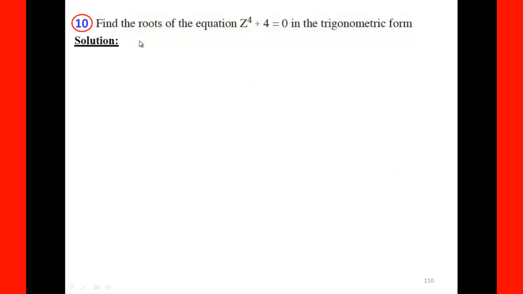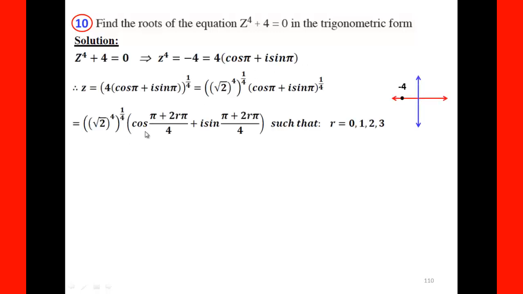Question 10. Find the roots of the equation z power 4 plus 4 equals 0 in the trigonometric form. How many roots for this equation? We have 4 roots. Z power 4 plus 4 equals 0 implies that z power 4 equals negative 4.